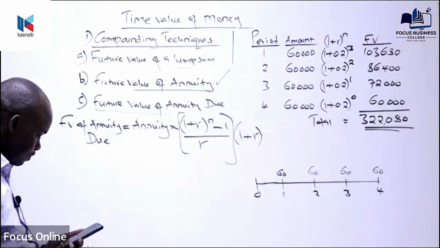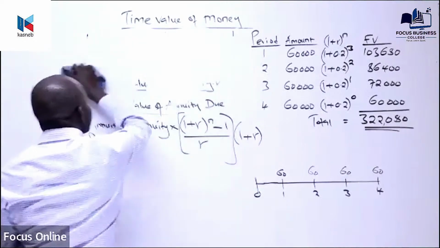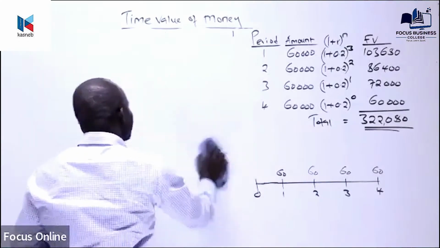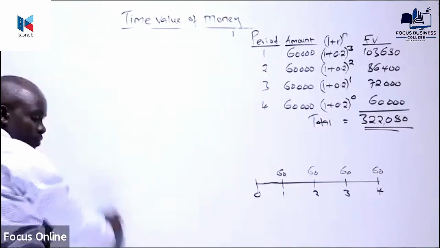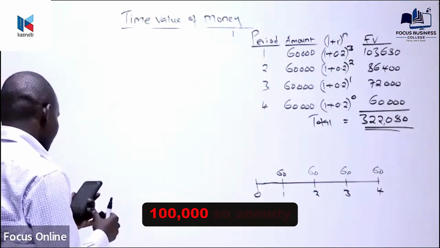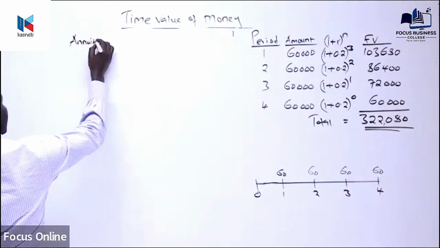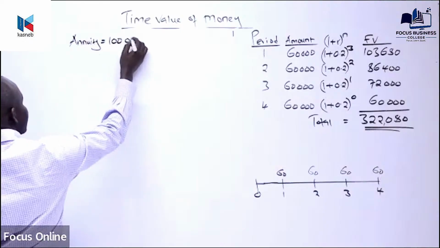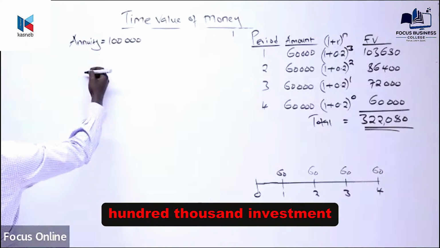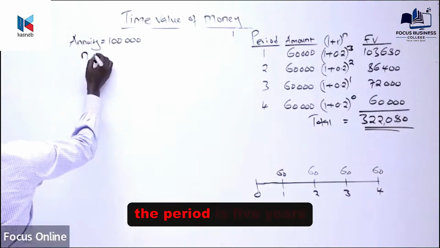So let's do that. What is the value of shillings 100,000 investment annually at the beginning of each of the next 5 years? The annuity is 100,000. The period is 5 years.